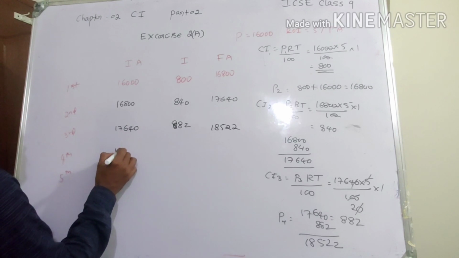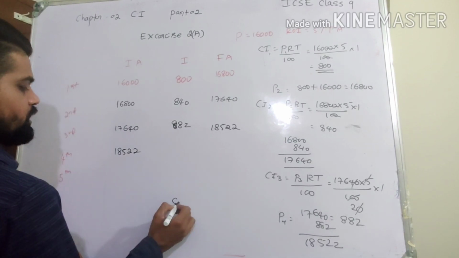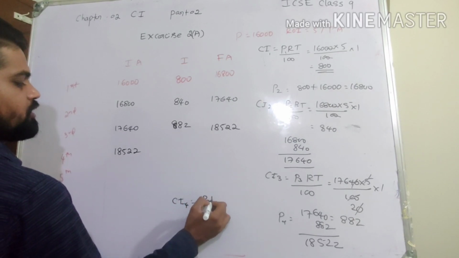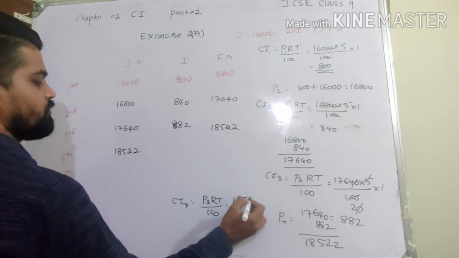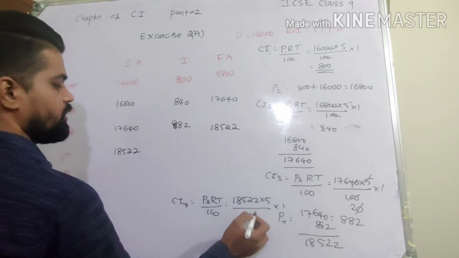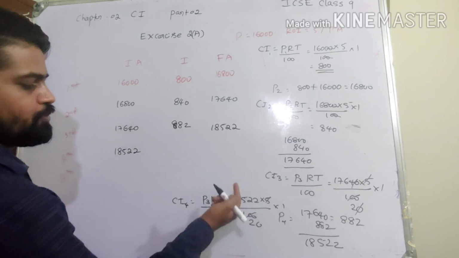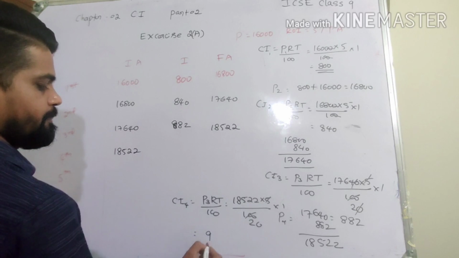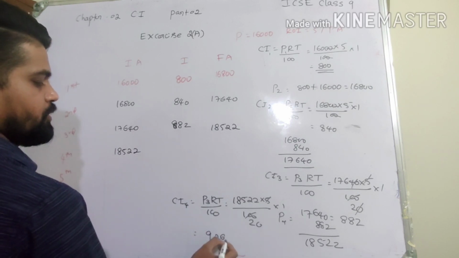On the fourth year it is 18,522, and again I want the interest. CI4 is equal to P4 RT by 100, which is 18,522 into 5 by 100 into 1. Again it will become 20. Now we'll get decimals, so we divide by 2 and put 1 decimal place there. 2 9s are 18, 2 2s are 4, 2 6s are 12.